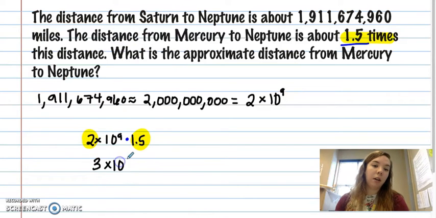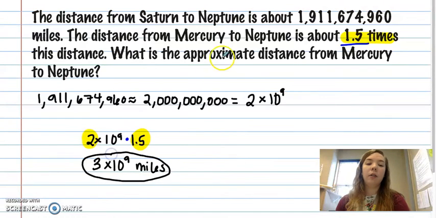So now our answer is 3 times 10 to the 9th miles. This is our answer. Or if you wanted to rewrite it in standard notation, it'd be 3 trillion miles. Actually, it'd be billion. 3 billion miles.